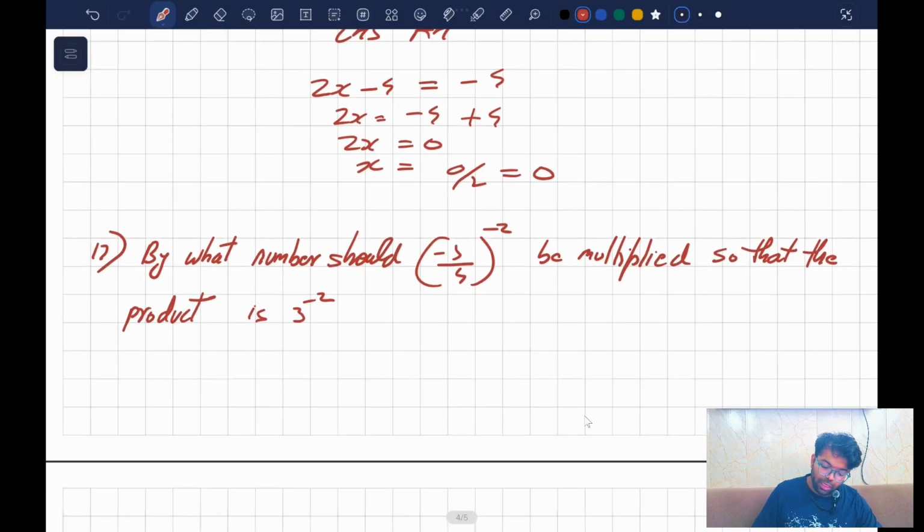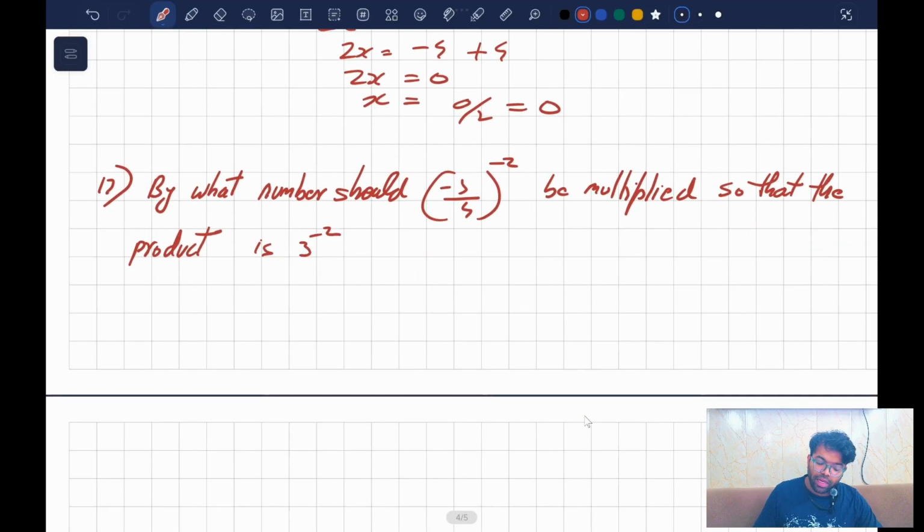Product क्या है हमारा? 3 to the power minus 2. By what number should minus 3 upon 4 the whole to the power minus 2 be multiplied so that the product is 3 to the power minus 2?